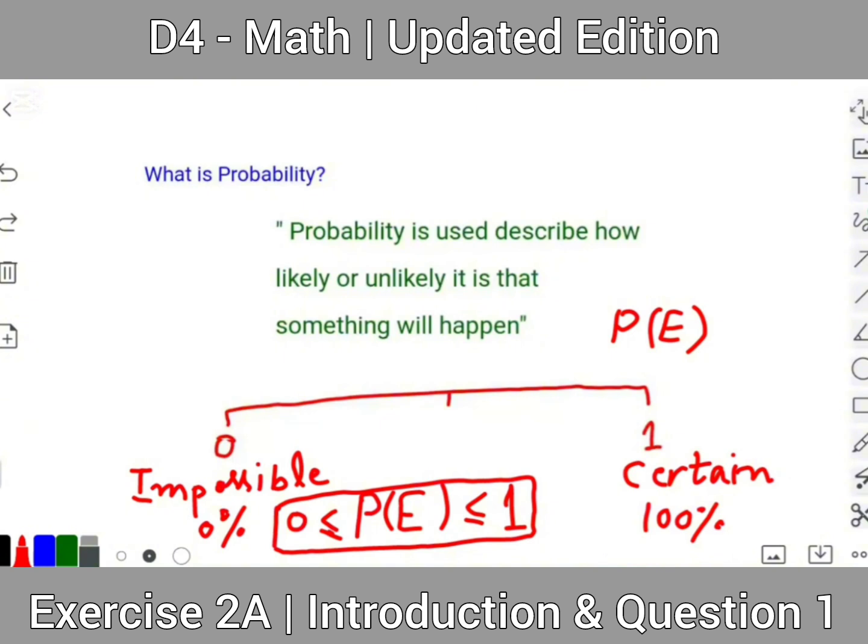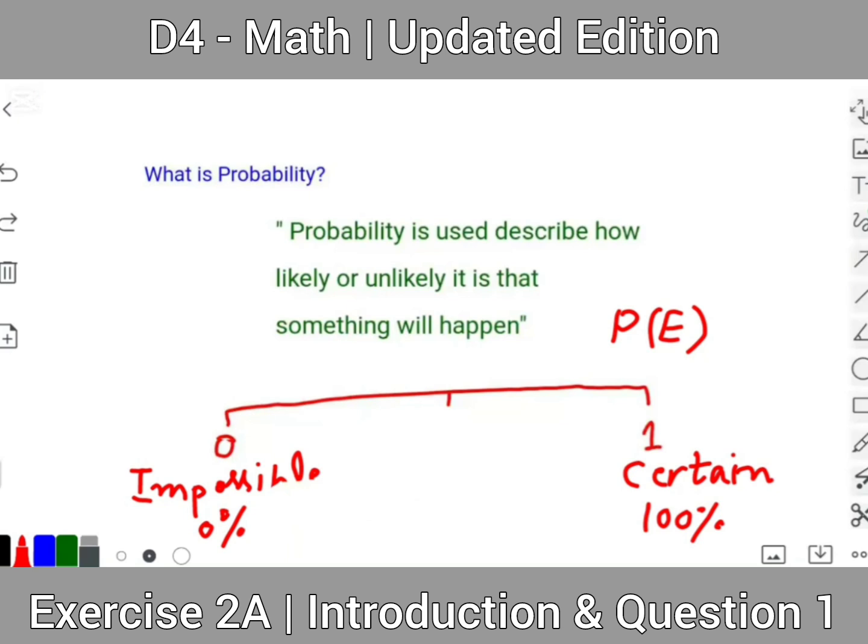And if we have any value between 0 and 1, say 1 over 2, 0.25, or 25%, then this event is as likely and as unlikely.